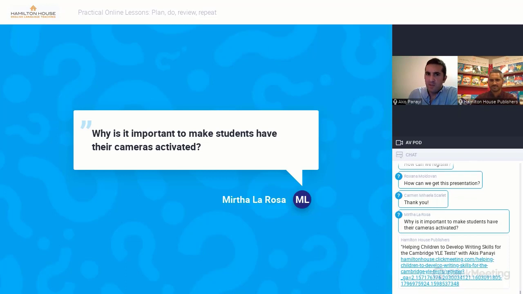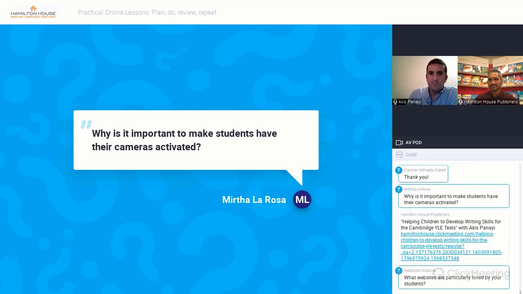And I said that even though that is true, you cannot really make the students have their cameras activated. There are different countries and different schools have different regulations regarding cameras. So I would suggest check with your school first.